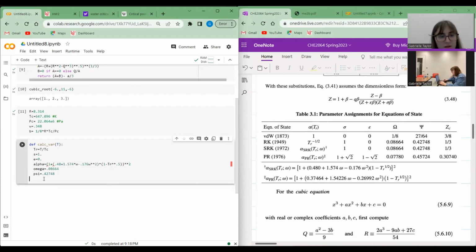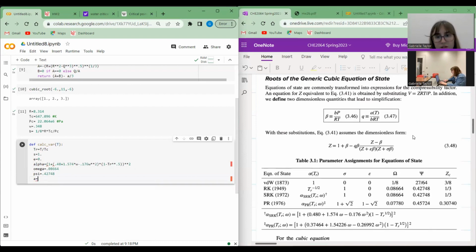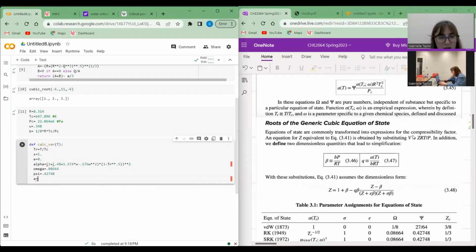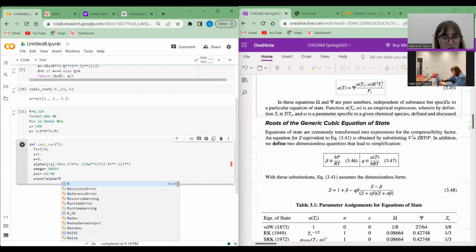So after we find these, what we want to solve for next is going to be our A. And our A is going to be psi times our alpha times R squared, and then times our temperature at the critical point squared.